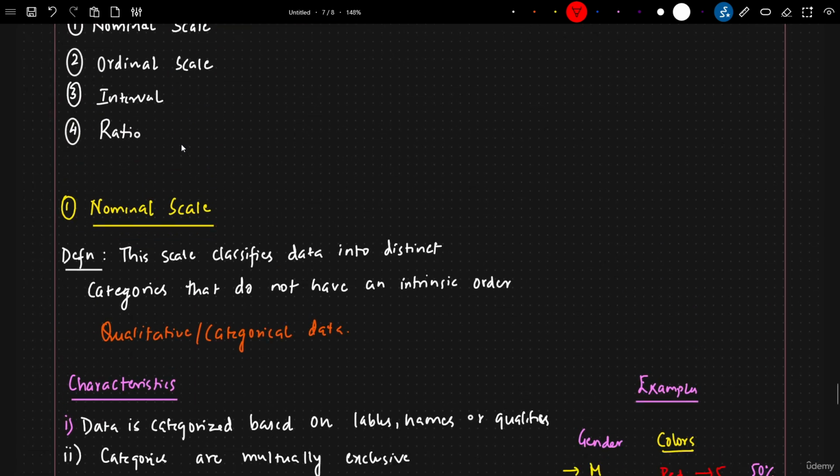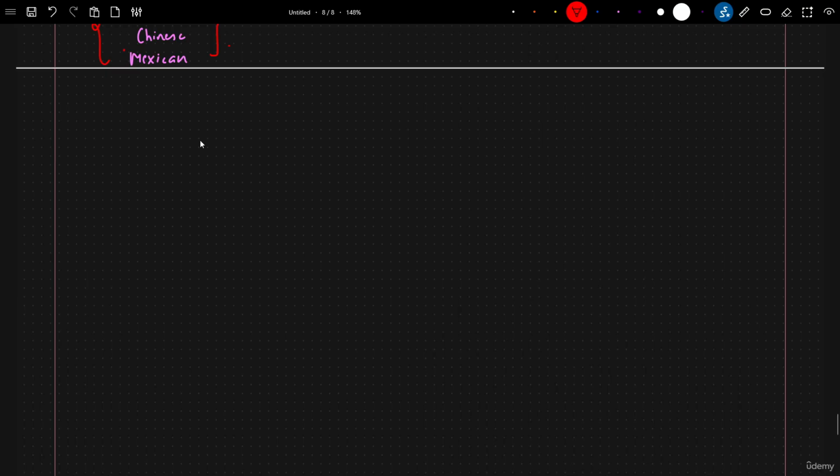Now let's go ahead and discuss the ordinal scale. So the second type that we are going to discuss is specifically called the ordinal scale. Now, as usual, we'll first of all go ahead with the definition.